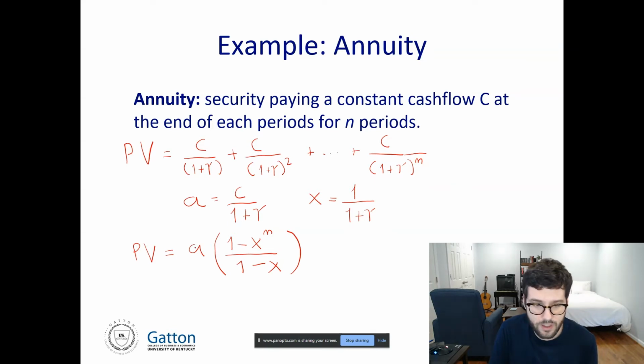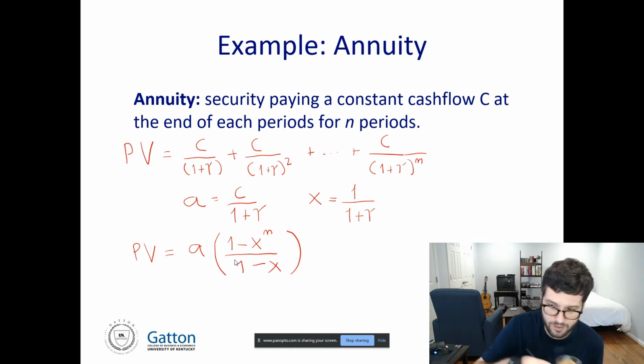Okay, so here A is the first term of the geometric progression, and x is the growth rate of the geometric progression. You can find this formula in any elementary math book, or you can just go to the Wikipedia page. You'll be able to find that there.